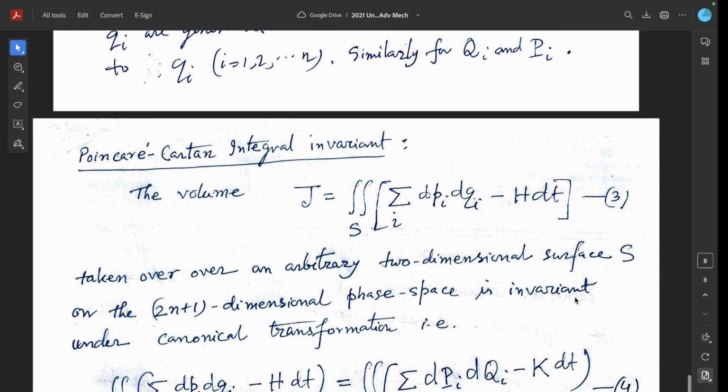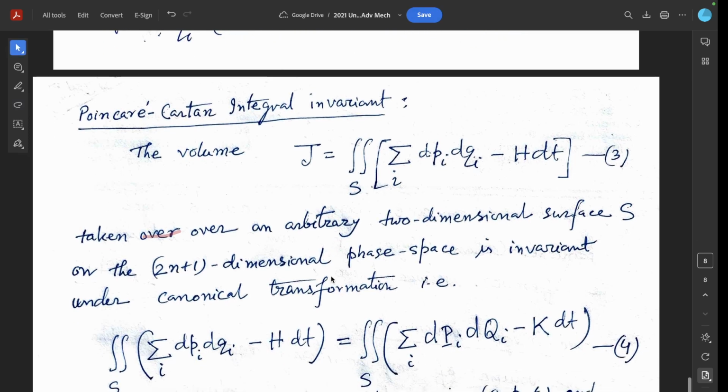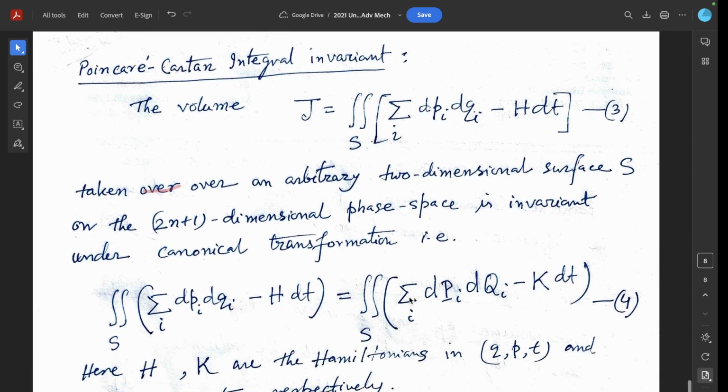Poincaré-Cartan integral invariant: the integral J, ∬_S Σᵢ (dpᵢ dqᵢ − dH dt), taken over an arbitrary two-dimensional surface S in the (2n+1)-dimensional space, is invariant under canonical transformation.